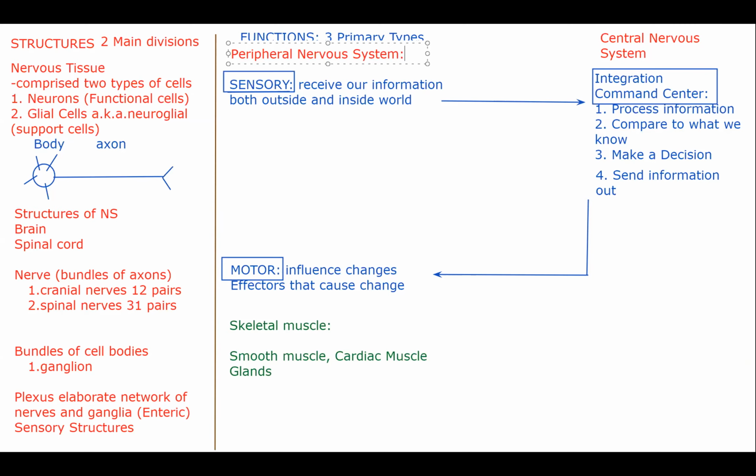And I don't have a dotted line, so I will cheat and use my highlighter to put a line right down the center there. And that is a horrible line, but that's okay. It serves our purpose. And when we talk about these structures of the nervous system, they are going to be divided between the central and the peripheral. And of course, what structures are the structures of the central nervous system?